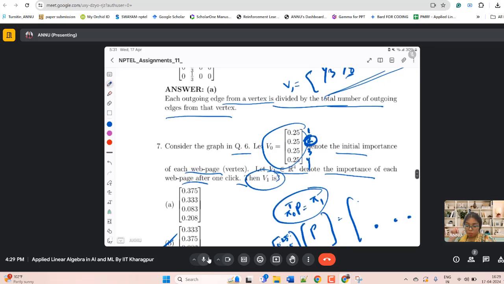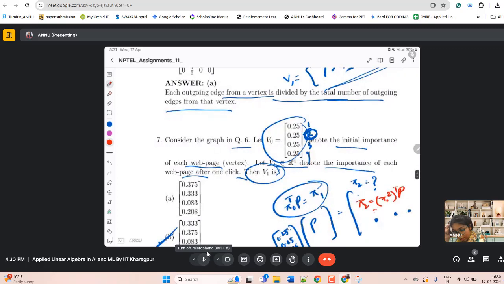Suppose it is pi 2. How will you calculate pi 2 using pi 0? Pi 2 is nothing but pi 1 transpose P. And what is pi 1 transpose?